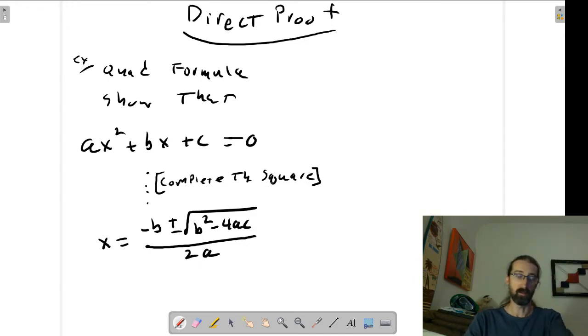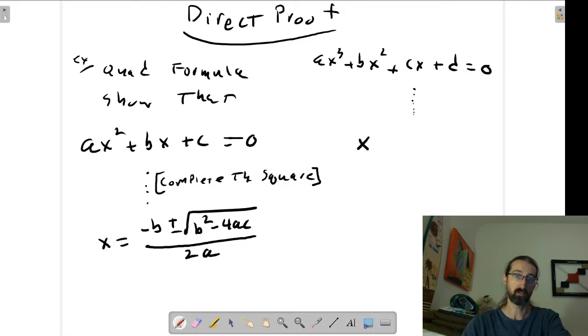Very rare. If you can prove that there's a formula for ax cubed plus bx squared plus cx plus d equals 0, if you're able to show that x equals some equation, right?